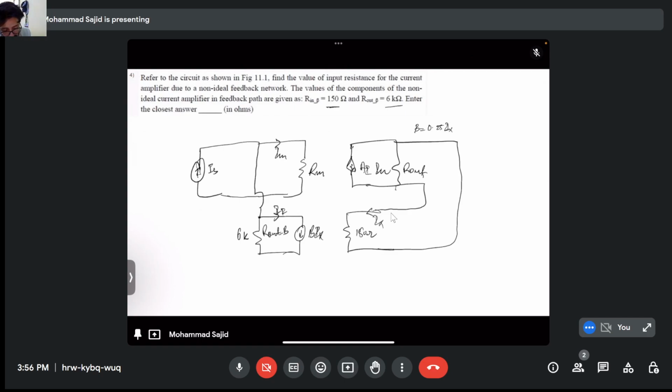So now what we can do is we find the R in, right? Then take it as parallel to R out. Or what we can do is, let's just calculate it. So my I S will be I F plus I in, right?